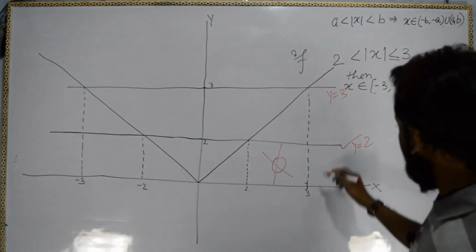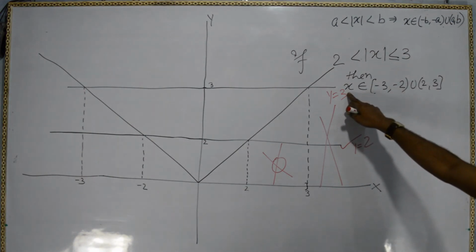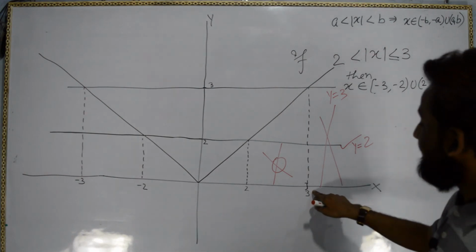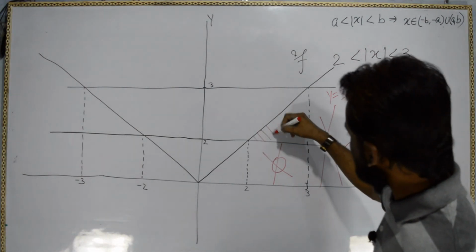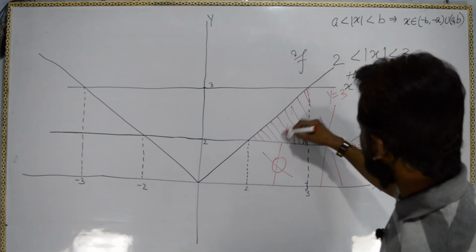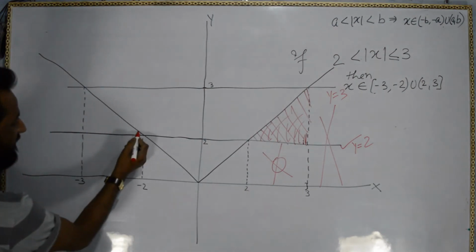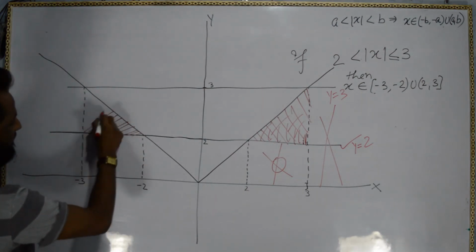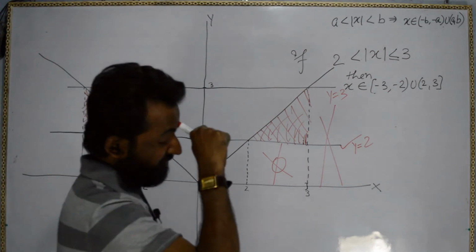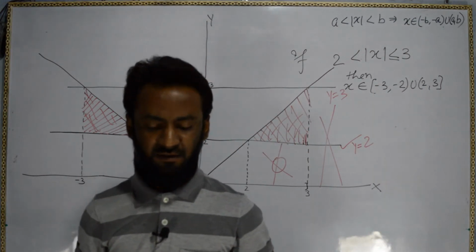We cannot take this region, we cannot take this region because we are bound because of this 3. X is belonging to 2 comma 3. So 3 is bound here. So the graph will be like this. And in the same way the graph will be on the other side. Okay, so this is the graph of this particular inequality for the modulus function.